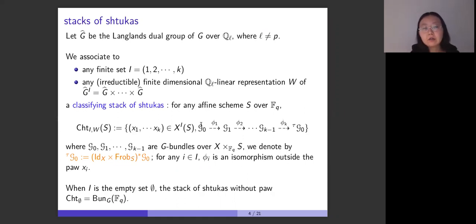In that case, your G-torsor G_0 in fact comes from X. It is a G-torsor on X. So it is exactly the F_q-points of Bun_G. So when there is no pole, your stack of shtukas is the F_q-points of Bun_G. And when there are poles, it's something more general.